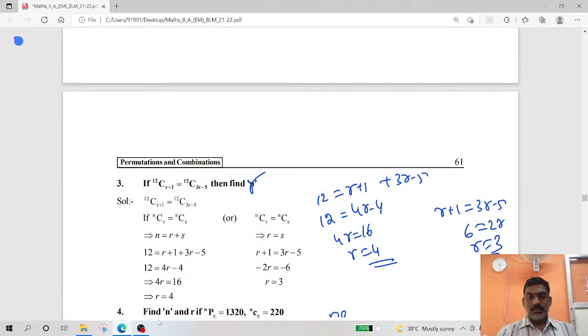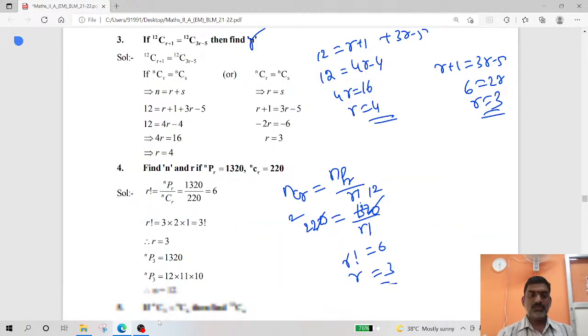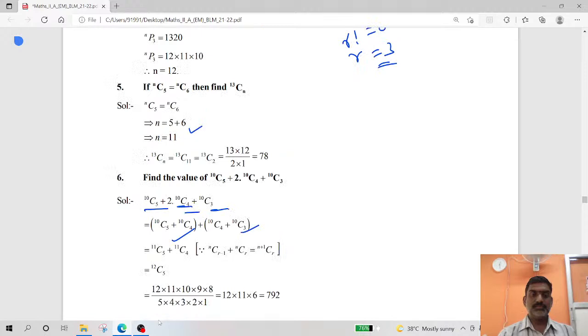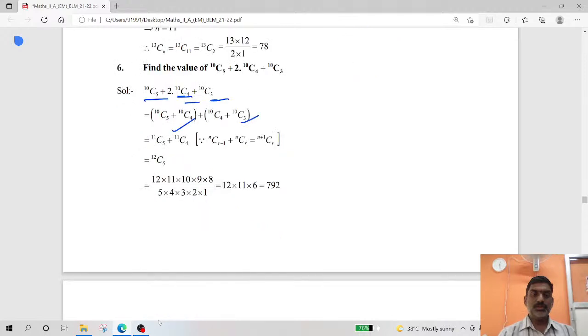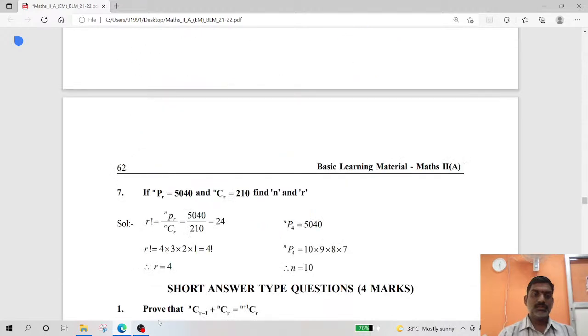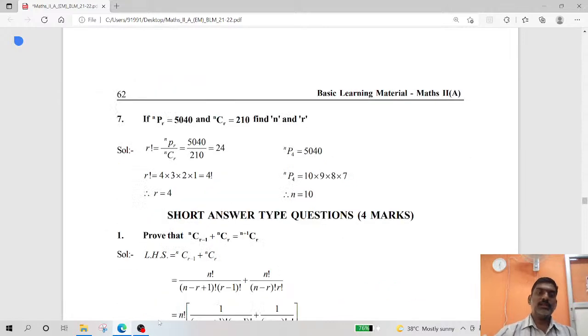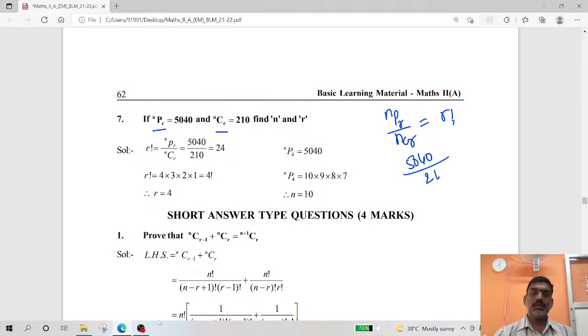Fourth one is already done. Fifth, sixth, and seventh. Here, what is the relation between nCr and nPr? nPr divided by nCr is equal to r factorial. Here nPr is given as 5040 divided by nCr 210 is equal to r factorial.